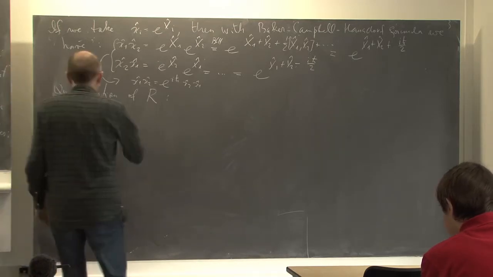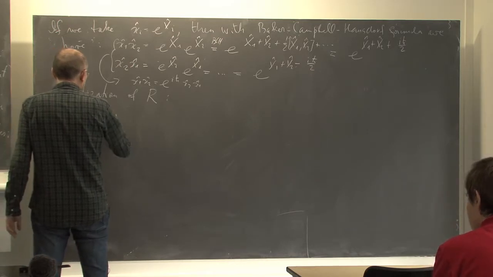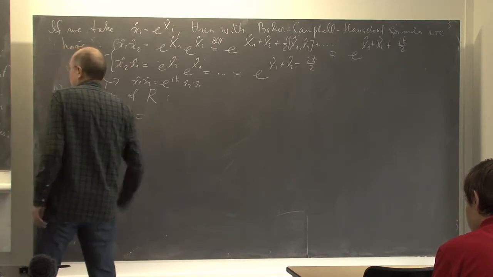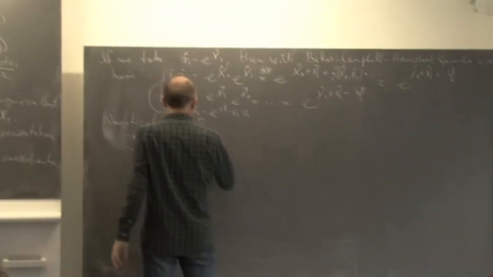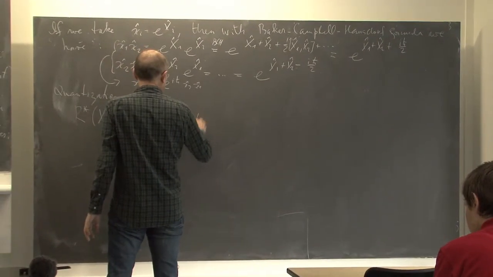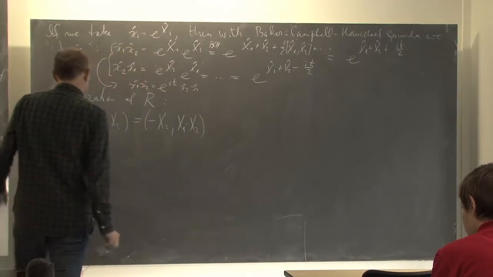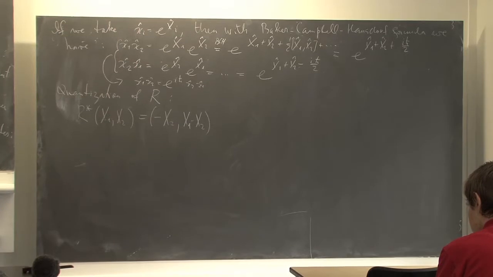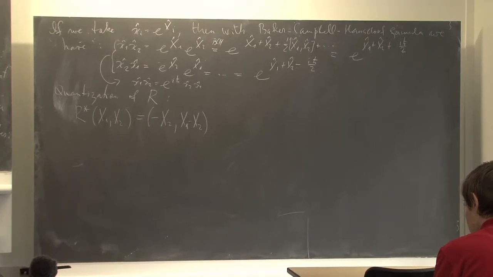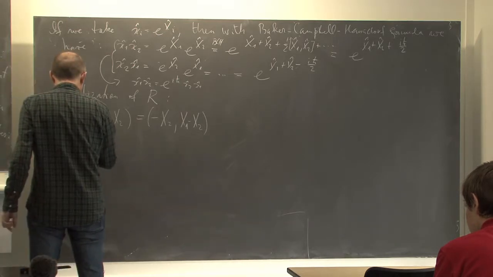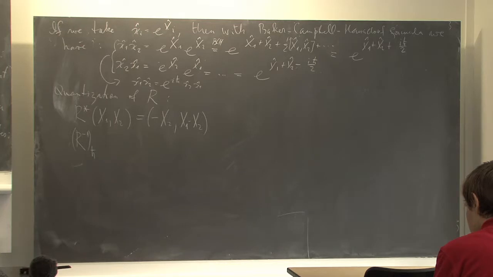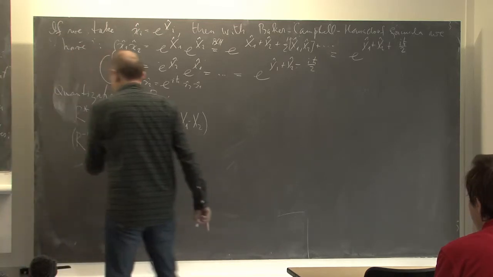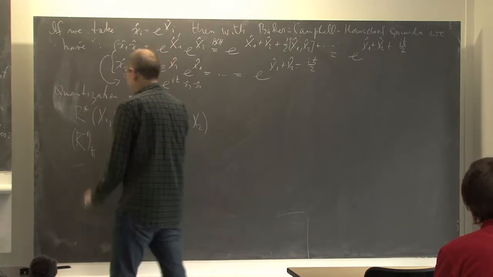So in logarithmic coordinates, R star of x1, x2 is, here is a formula, we take the logarithmic coordinates, it will be minus x2, x1 minus x2. We denoted the quantization, the automorphism of the algebra, of the quantum algebra V_h bar, with subindex h bar, and we put R minus 1.